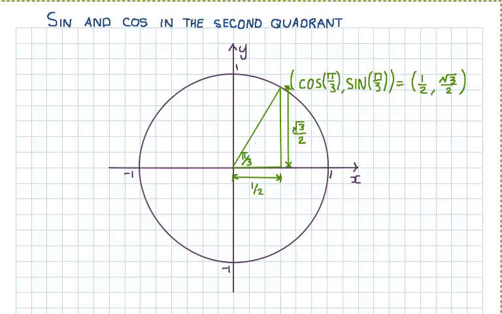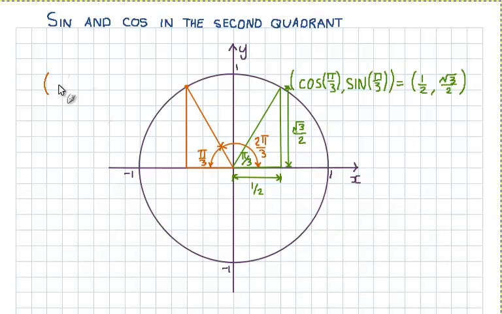So what happens when we draw a mirror image of that triangle on the other side? Well, firstly, this angle here isn't pi on 3, it becomes twice that, so 2 pi on 3 is the angle here. And since this whole angle here is pi take 2 pi on 3, so pi take away 2/3 pi is pi on 3.